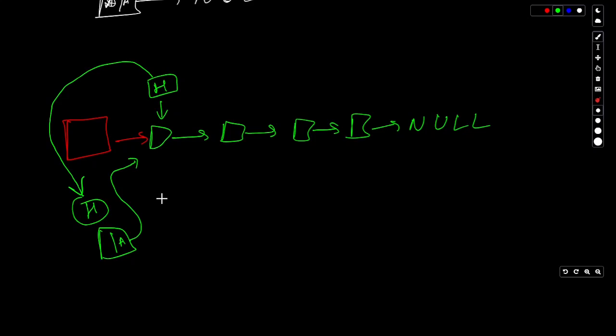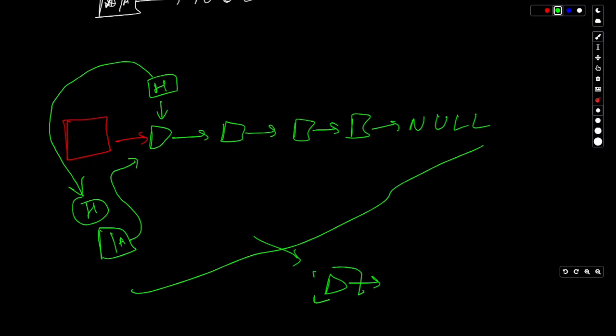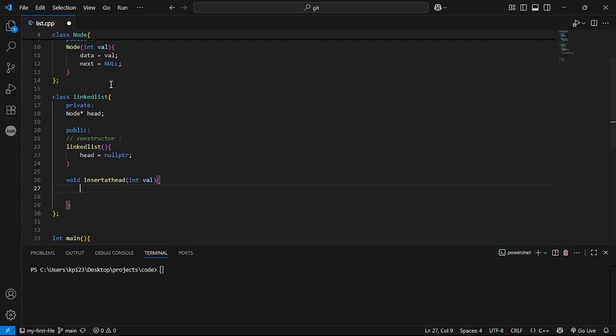And now when we look at the changes, we will have something like this: the node that we have added, and this is the earlier head node. So if we just do these two processes, we will be able to add a particular element at the head of this linked list.